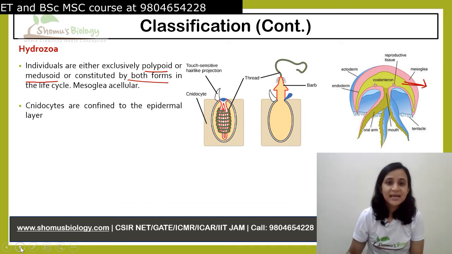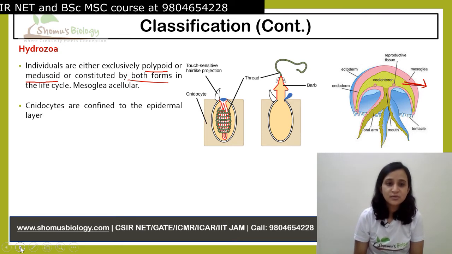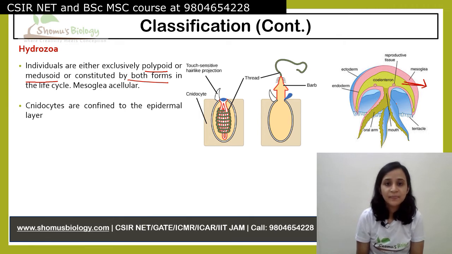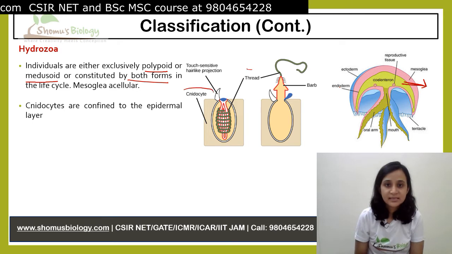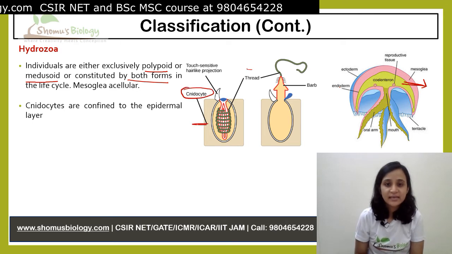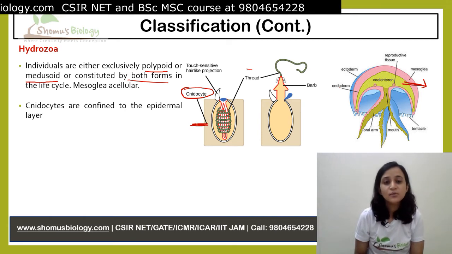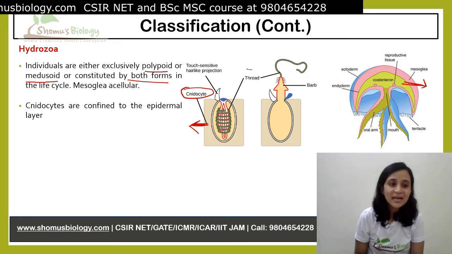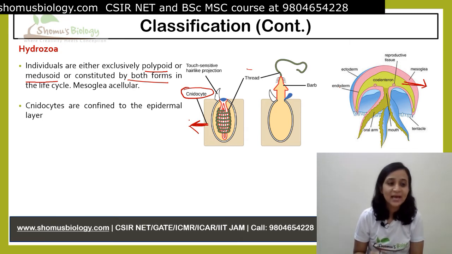Next is cnidocytes. Cnidocytes are confined to the epidermal layer, that means the outer layer. In the outer layer of their body, they have these cnidocytes.